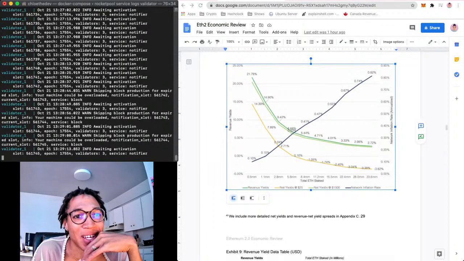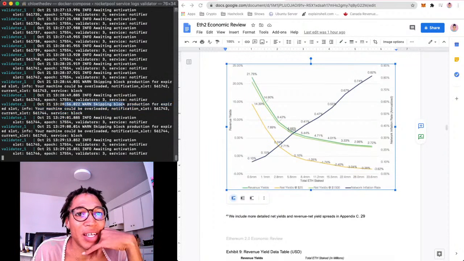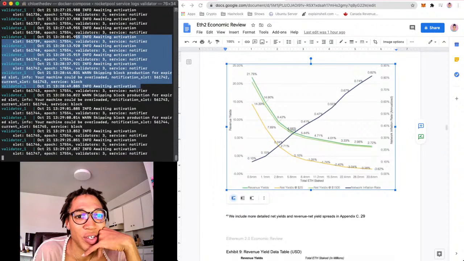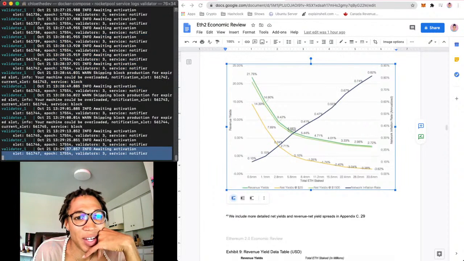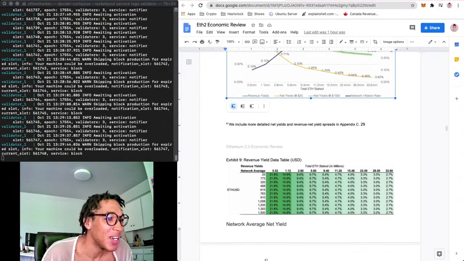It's very interesting, skipping block production for expired slot. But I assumed that my validators weren't even... let's see. Awaiting activation. Yeah, if they're awaiting activation, I'm wondering why it's trying to tell me that there's a warning. We'll see. Anyway, let's keep going with the paper.